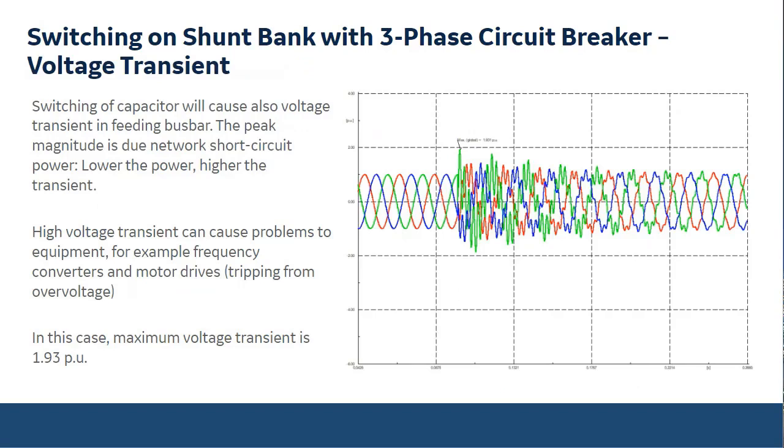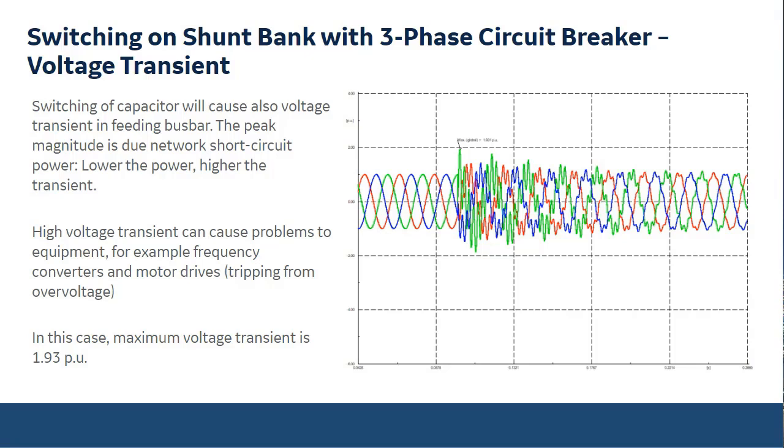Then the voltage transient, when we switch on the bank with a three-phase circuit breaker, will of course cause a voltage transient. The peak magnitude is affected by the network short-circuit power; the lower the power, the higher the transient. High voltage transients can cause problems to equipment. For example, frequency converters or motor drives will trip from overvoltage.